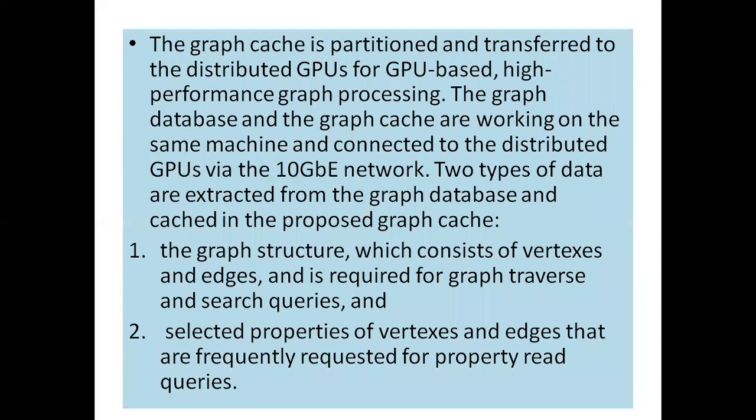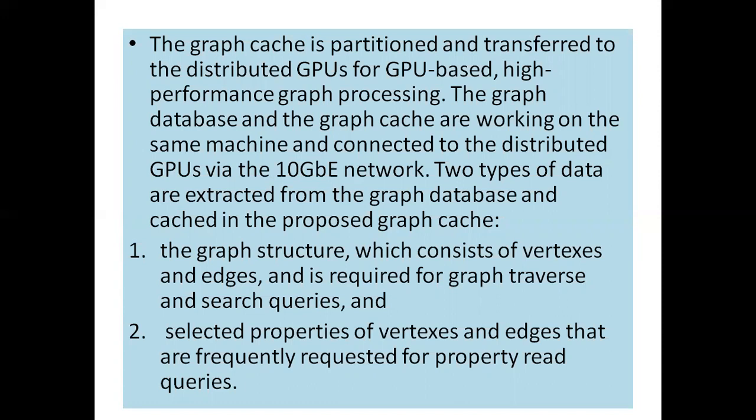Next, the graph cache is partitioned and transferred to the distributed GPUs for GPU-based high-performance graph processing. The graph database and the graph cache are working on the same machine and connected to the distributed GPUs via the 10 gigabit network.